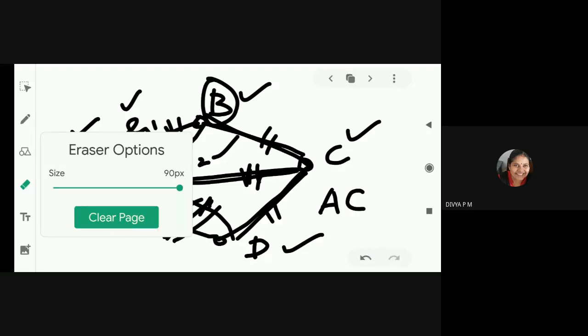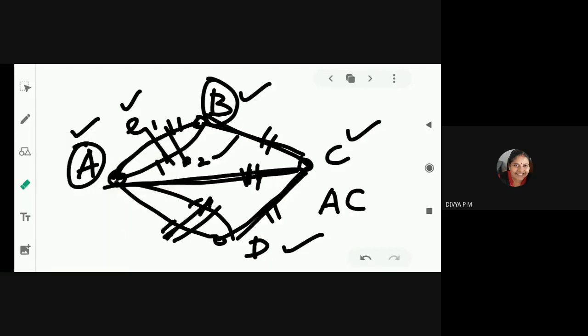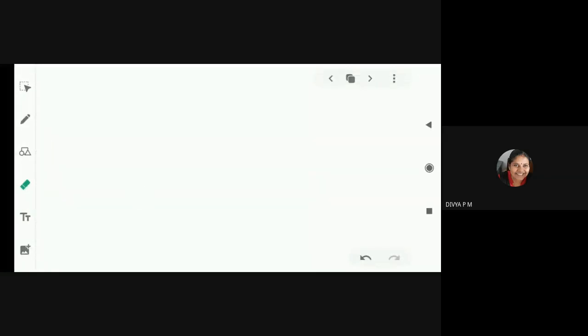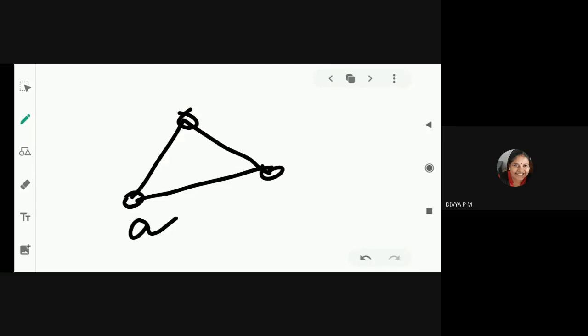More than that, sometimes there may be something like this. Let me draw it another way. Suppose we have a figure like this, with A, B, C, and here is something like this. This is what we call a loop.